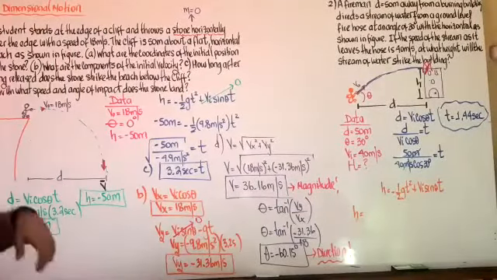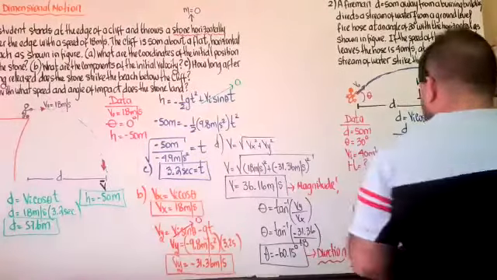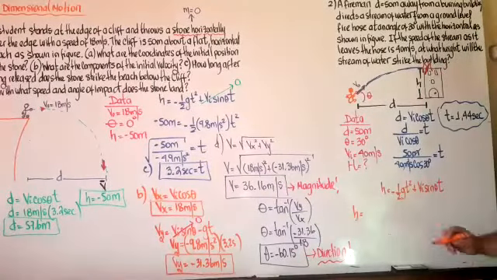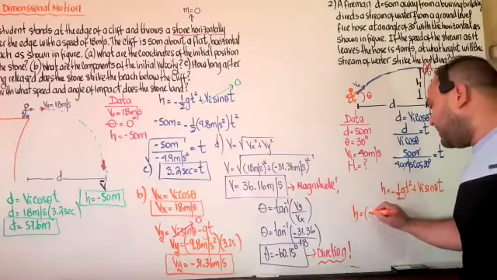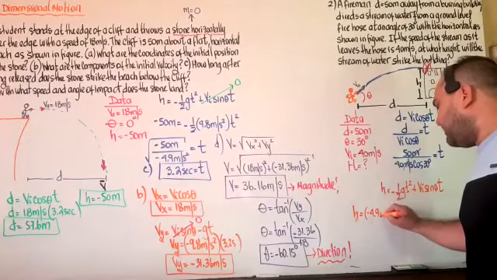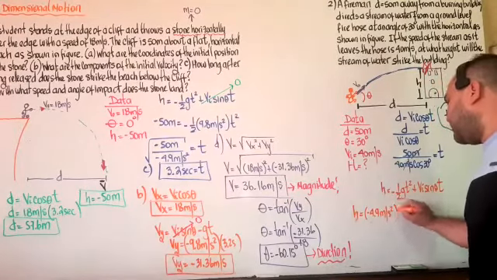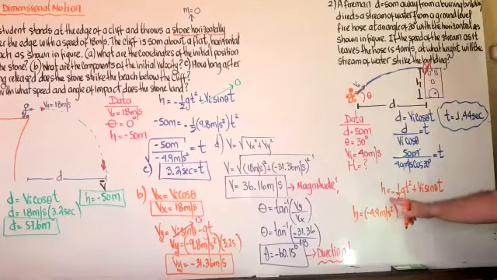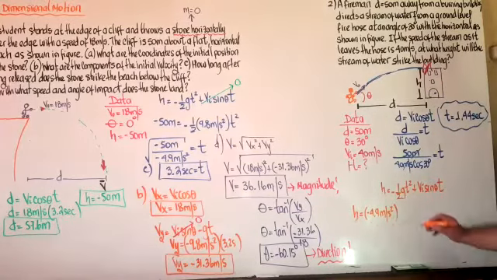All right then. So once again, height equals negative 1/2 times gravity. That will be negative 4.9 meters per second squared because 9.8 times negative 1/2 gave us this answer.